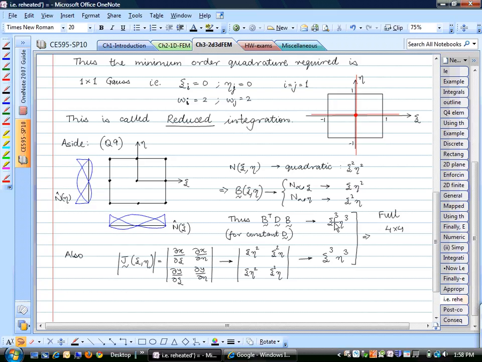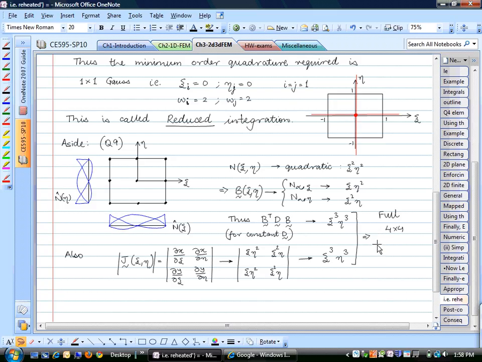So if I multiply these two, I need to integrate a polynomial in C to the power 6. Similarly, a polynomial in eta to the power 6. Therefore, if I choose a 4 cross 4 Gauss quadrature, that is 4 Gauss points in the C direction, then the order of polynomial in the C direction is going to be 2 times 4 minus 1.